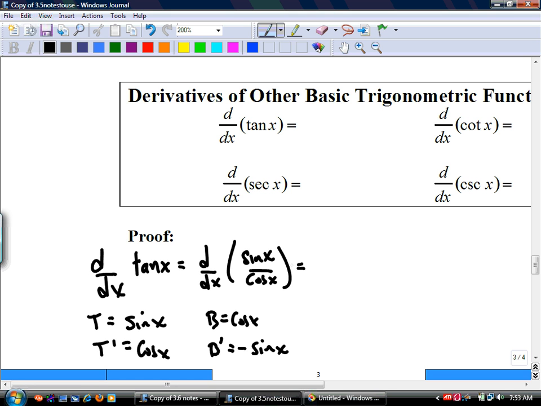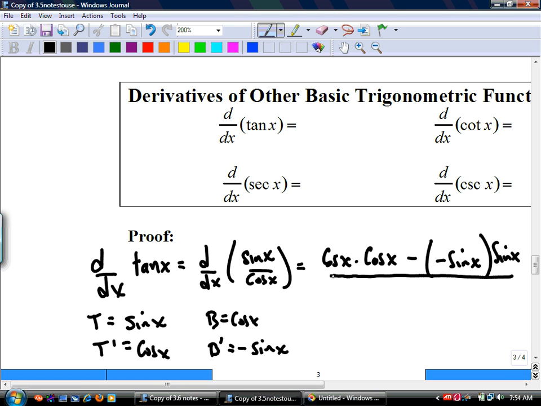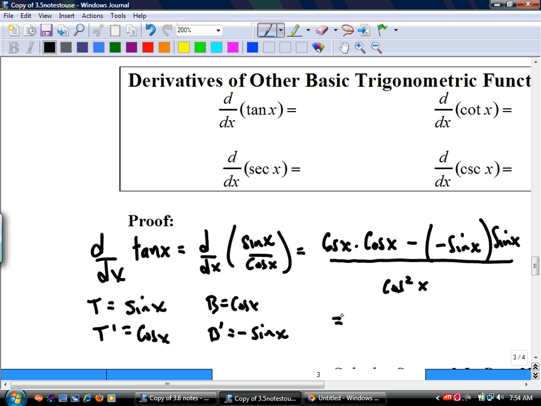So, use the quotient rule. Derivative of the top, cos x, times the bottom, cos x, minus the derivative of the bottom times the top, all over the bottom squared. Cos cos plus sine sine. I know, isn't it a beautiful thing?